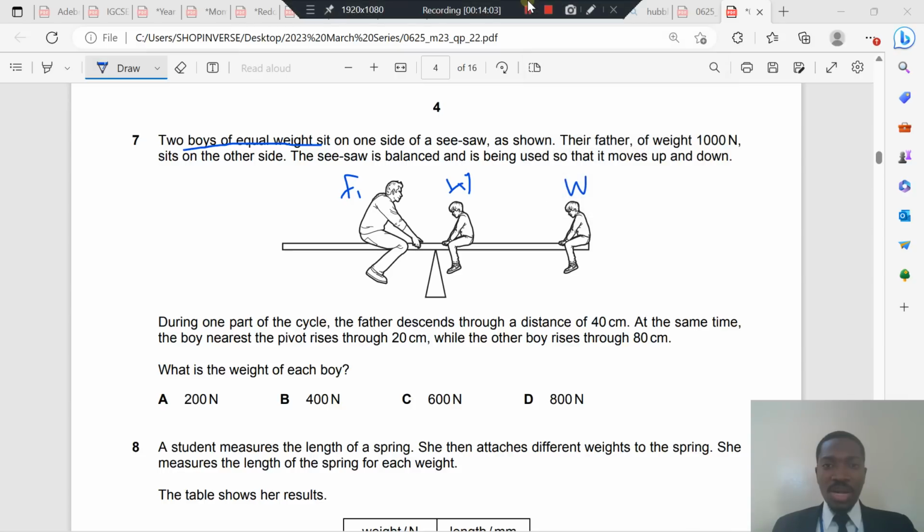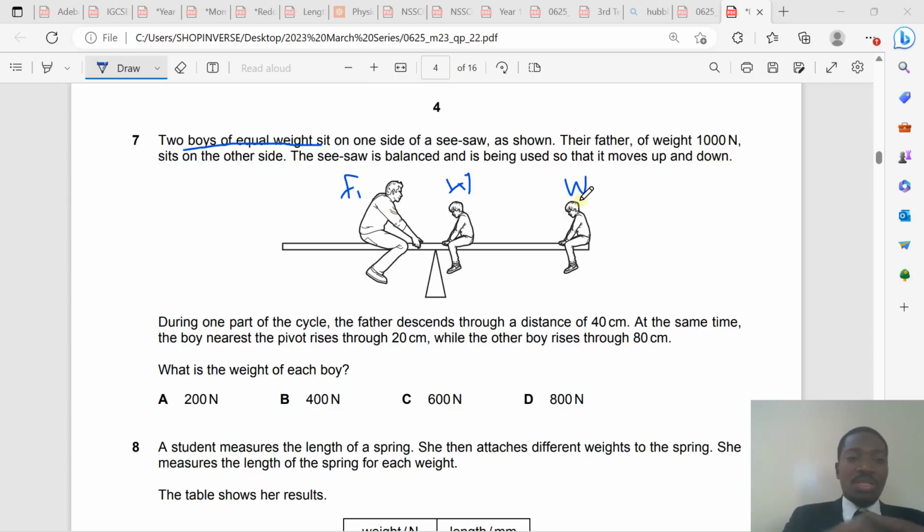Now, the father is creating anti-clockwise moments, the boys are creating clockwise moments. And for a body to be in equilibrium, the total anti-clockwise moment must be equal to the total clockwise moment.